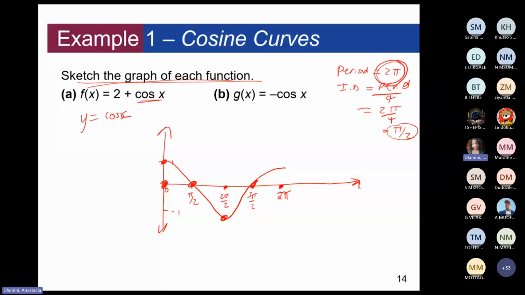So from 2 pi, remember 2 pi was 4 pi over 2. You add again pi over 2 to get 5 pi over 2. You add pi over 2 to get 6 pi over 2. You add pi over 2 to get 7 pi over 2.